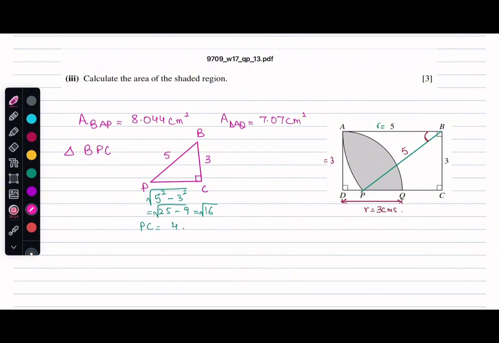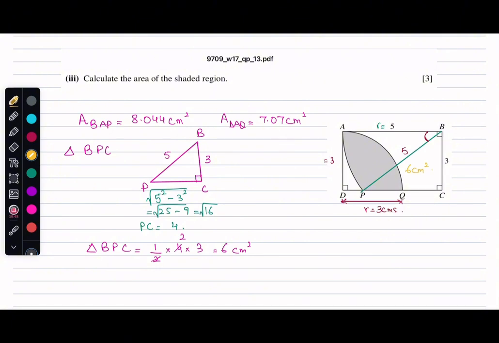Therefore, the area of triangle BPC is 1 by 2 into 4 into 3, which gives 6 centimeter square.